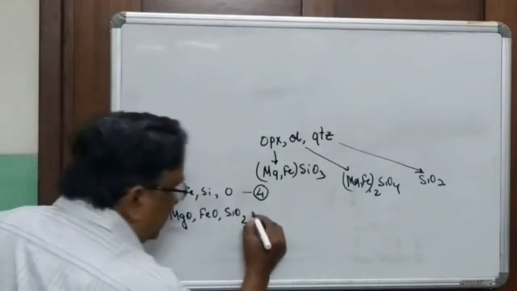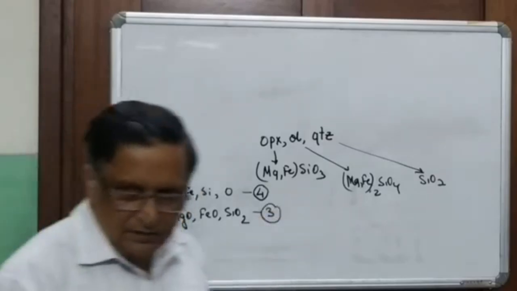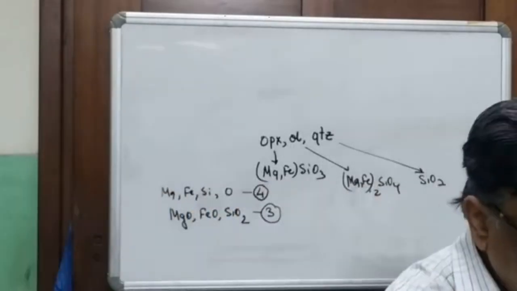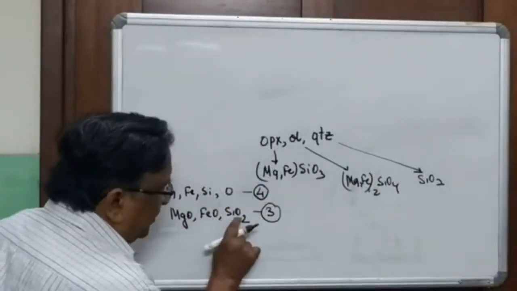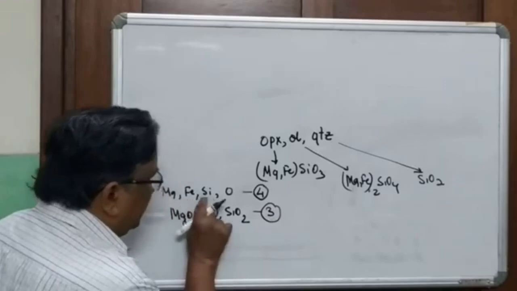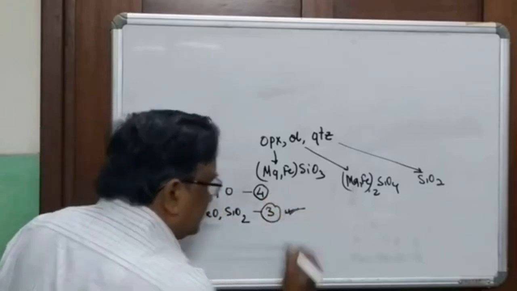And now it has 3 components. So MgO, FeO, SiO2 is 3 components, Mg, Fe, SiO is 4 components. So this is my choice.